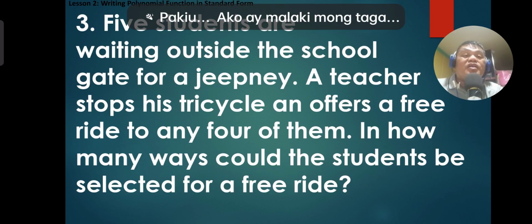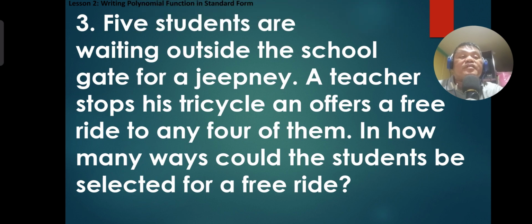We have now number 3. 5 students are waiting outside the school gate for a jeepney. A teacher stops his tricycle and offers a free ride to any 4 of them. In how many ways could the students be selected for a free ride?